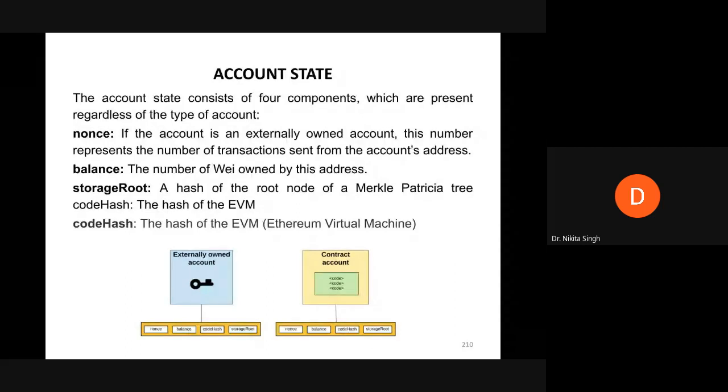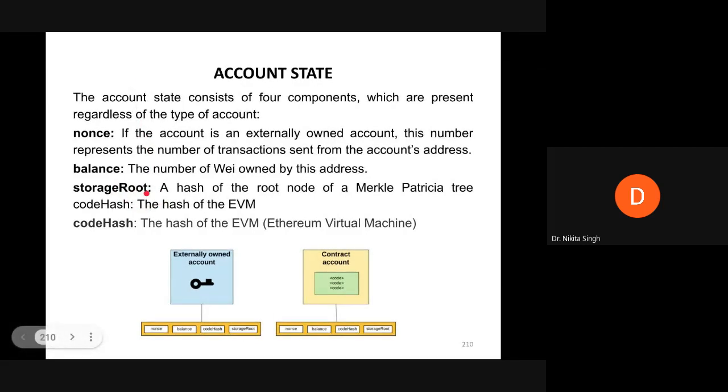Let us start by understanding what a Merkle tree is. All right. So when you say that you have a storage root, Ethereum also uses a Merkle tree.